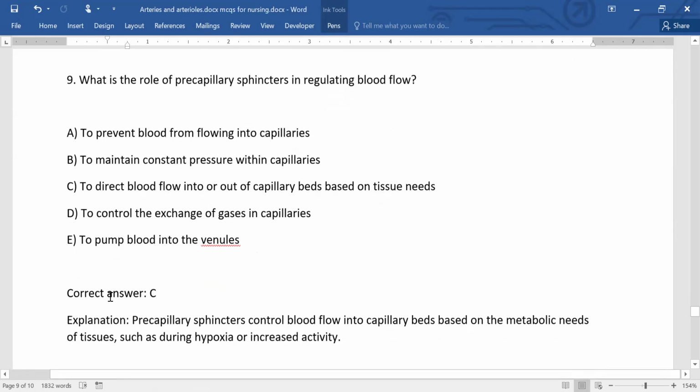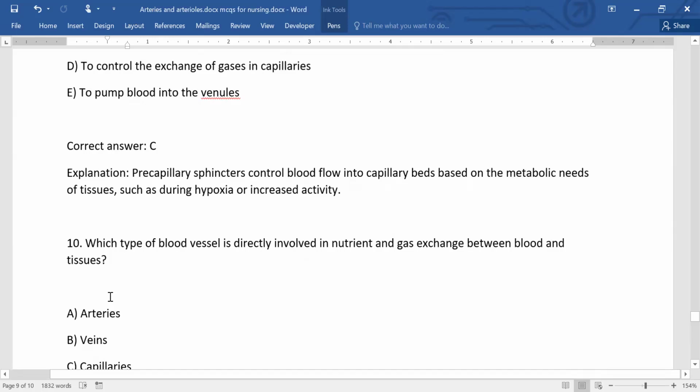So the role of precapillary sphincters is they control blood flow into capillary beds based on the metabolic needs of the tissue, as during hypoxia or increased activity. So they direct blood flow into or out of the capillary beds based on the tissue needs. The correct answer is C.